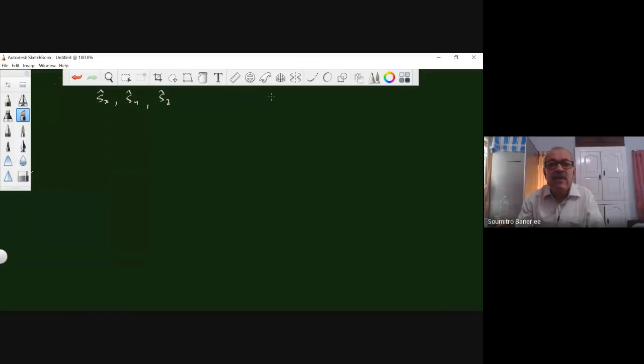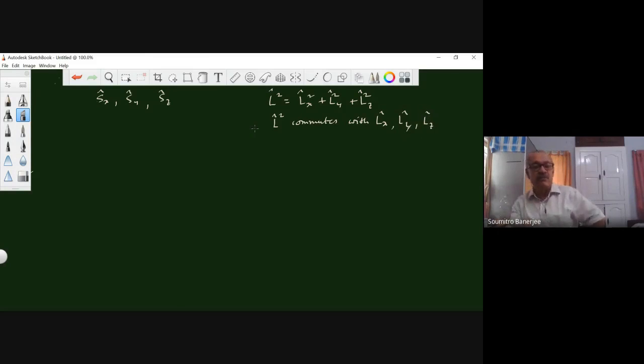Our L square was Lx square plus Ly square plus Lz square. And by converting that into the equivalent operator form, we obtained L square as an operator. And we found that L square commutes with Lx, Ly, and Lz. These are the results that we found for the orbital angular momentum.